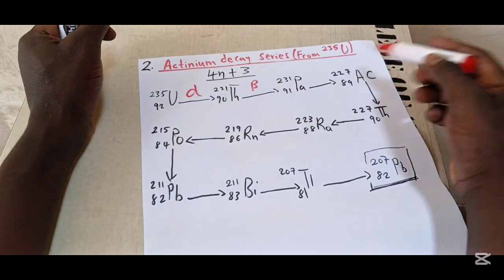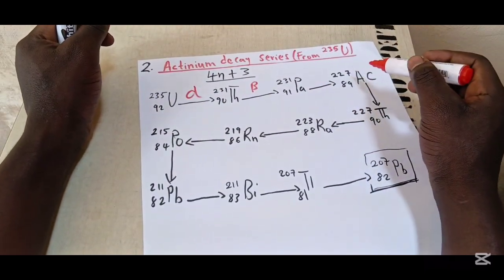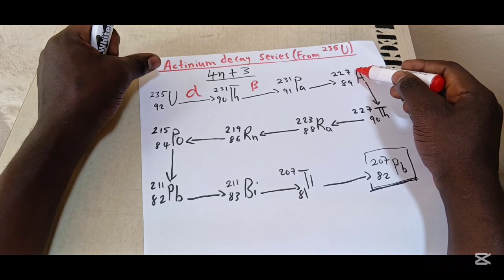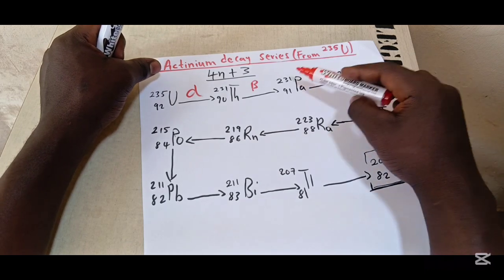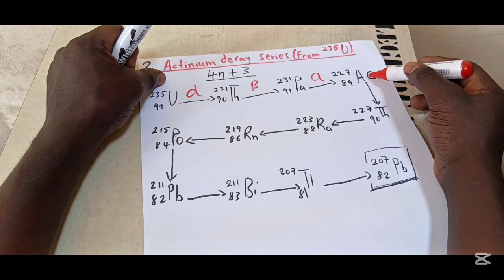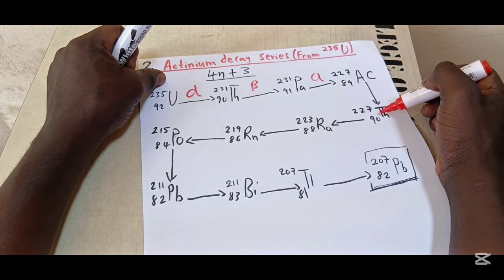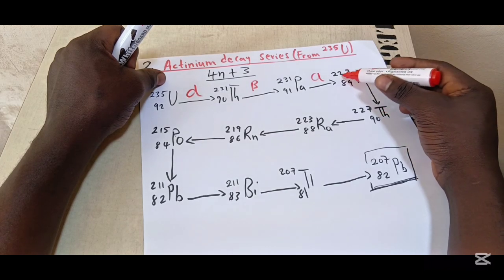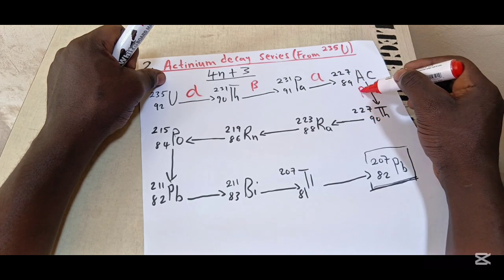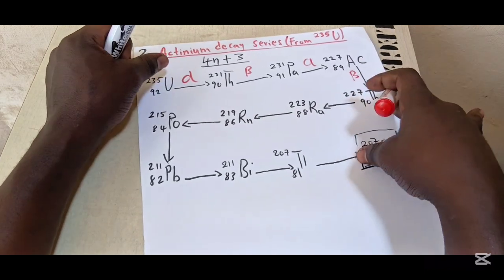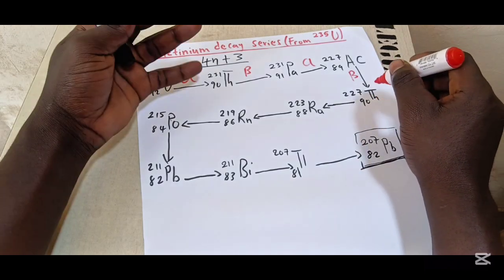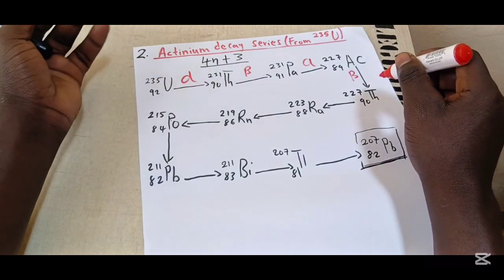So let's continue. We have 231 here giving us 227 here. What happened? You will see that we have an effect in mass, which is alpha particle. From this actinium to thorium here, we have 227, 227, 89, 90, a beta particle effect in proton number. Mind you, this is not to say that only beta particles have an effect in proton number, but alpha particles also do the same.